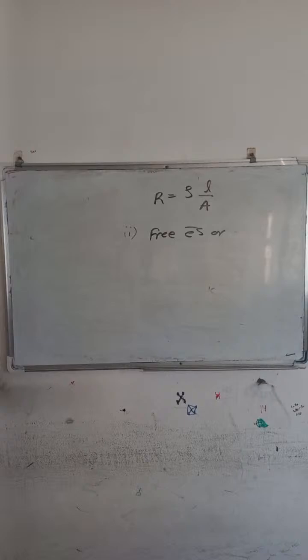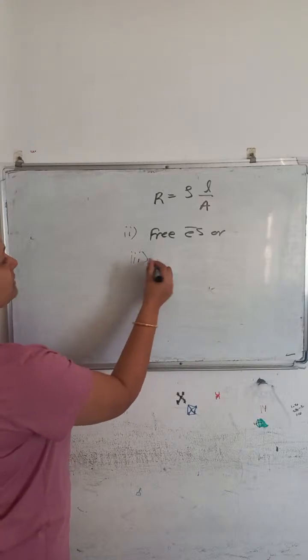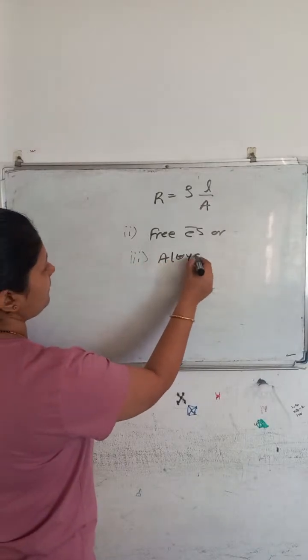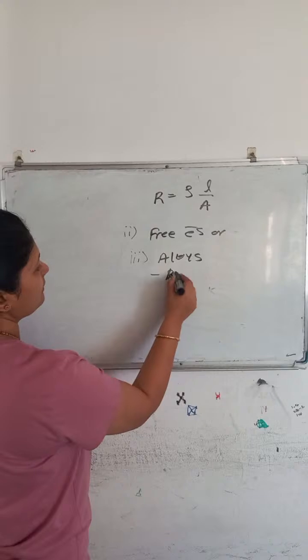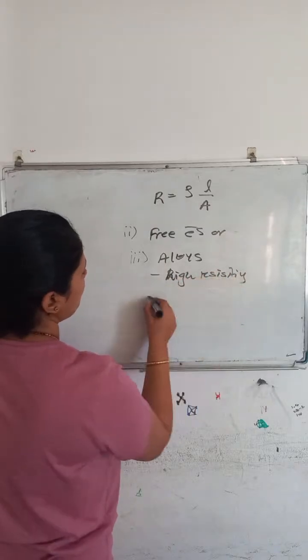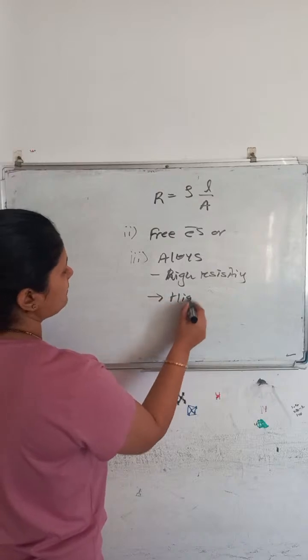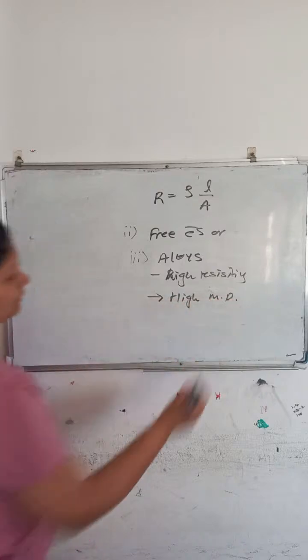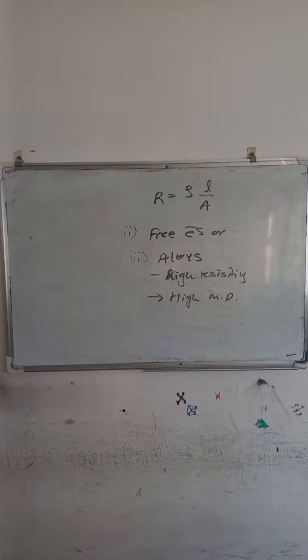And last, why are alloys commonly used in the electrical heating devices? Very important. Alloys have high resistivity, high melting point, as well as they will not oxidize readily at high temperature.